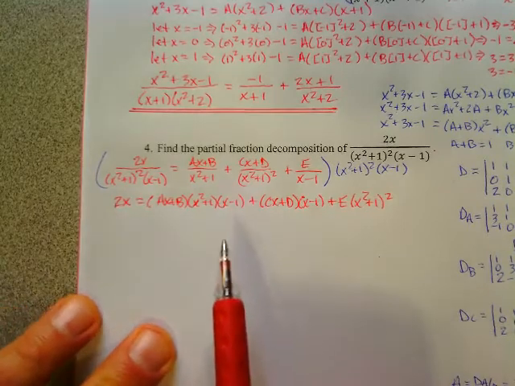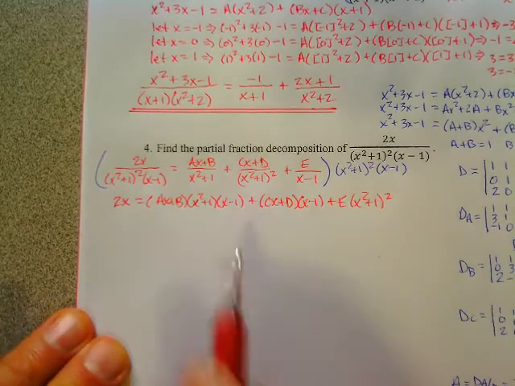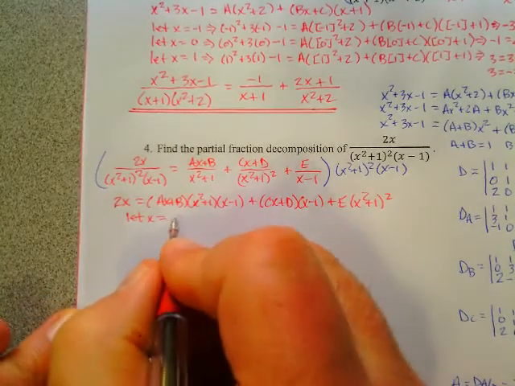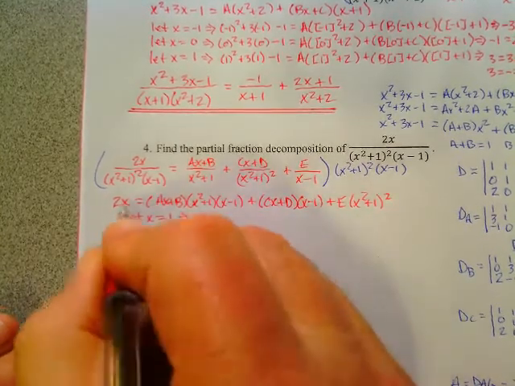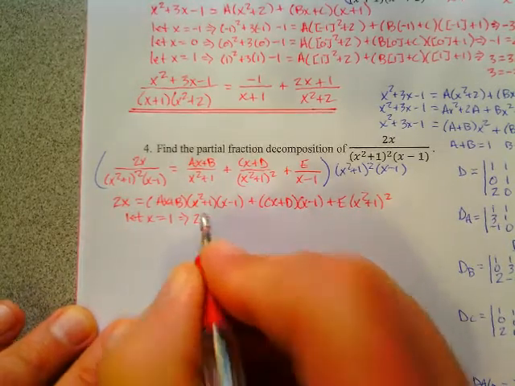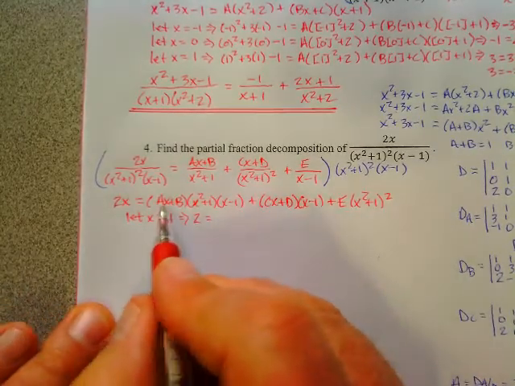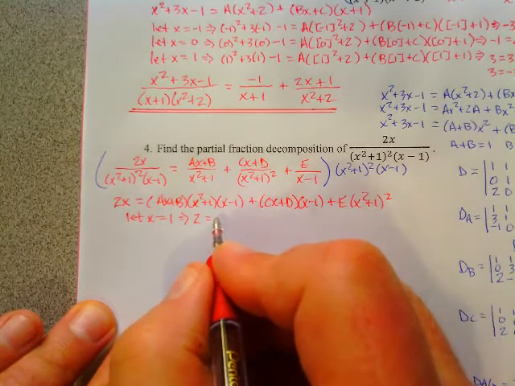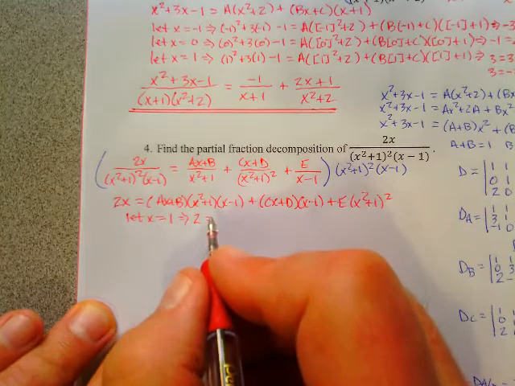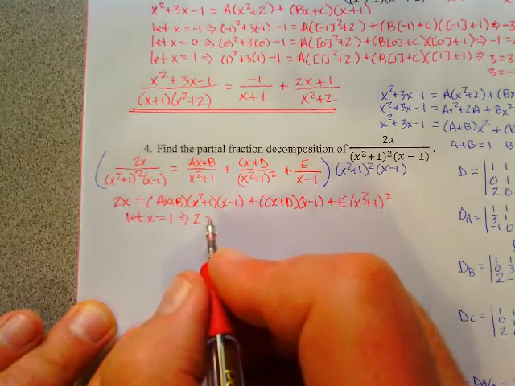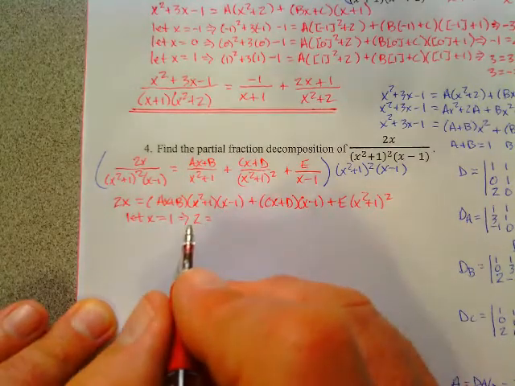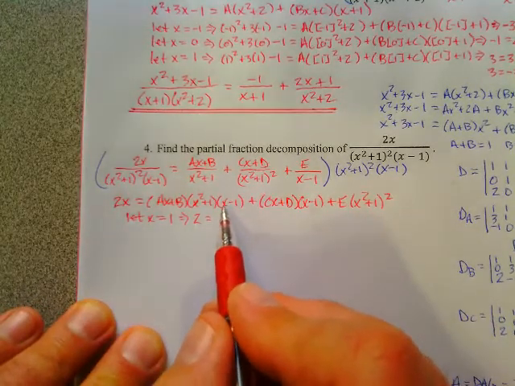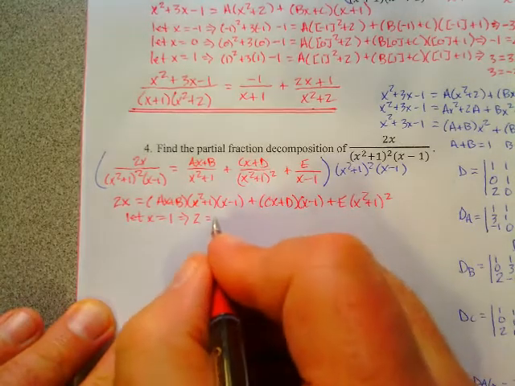Now, let's see, let's try let x equal 1. So that'll give me a 2. Well, this will all go away because it'll be 1 minus 1, so that'll be a 0 part.